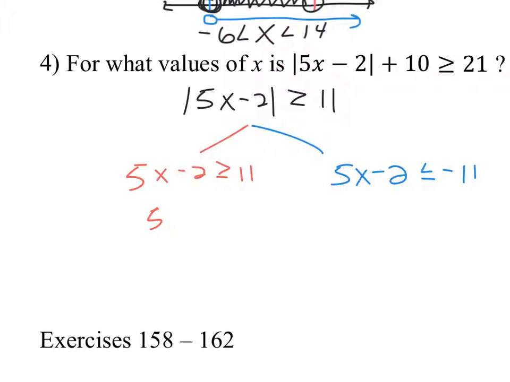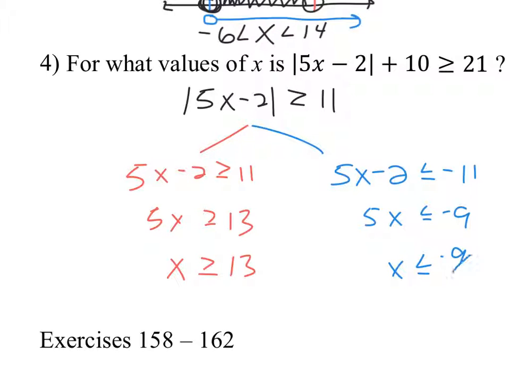We're going to add 2 to both sides, and we're going to divide by 5, and we get x is greater than or equal to 13. So for the other one, we're going to add 2 to both sides, then divide by 5. We get x is less than or equal to negative 9/5. So is this a greater or less than problem?